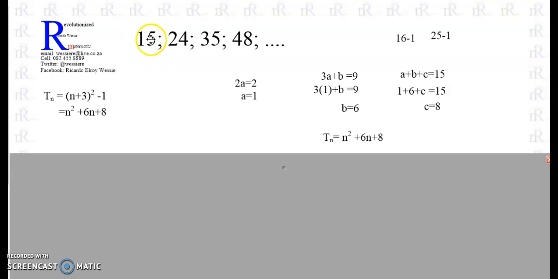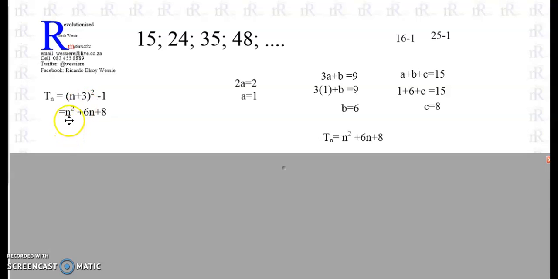So the term number being 1, I added 3 to the term number, I squared it, and then I subtracted 1. So it could be written as the term number plus 3 all squared, and then I subtracted 1 from there.